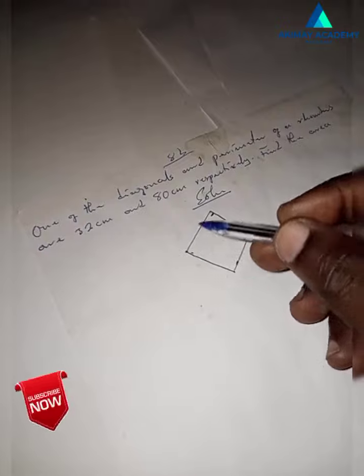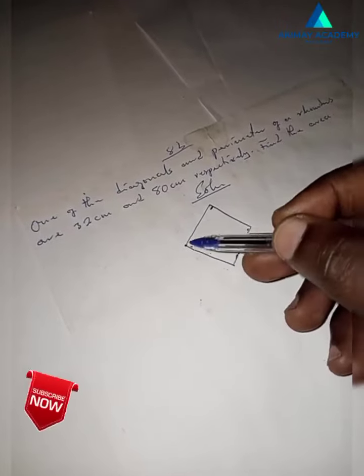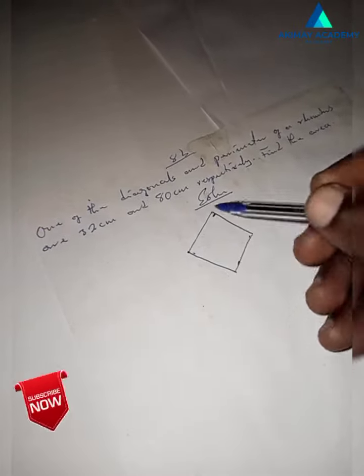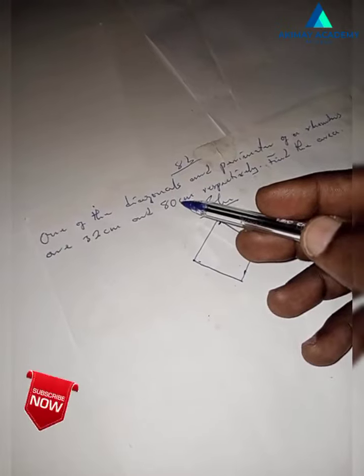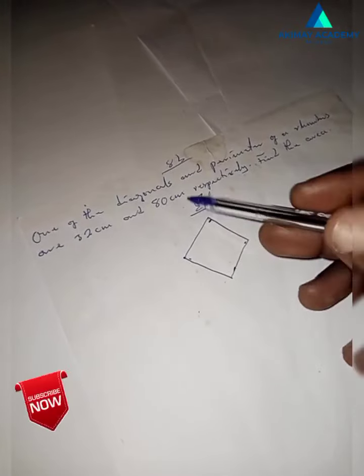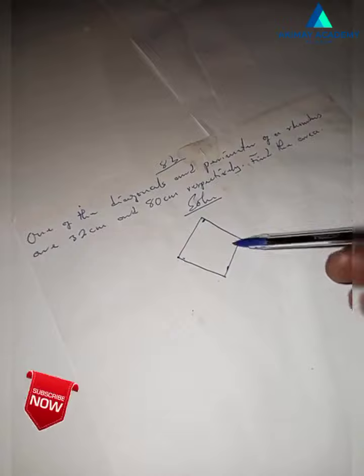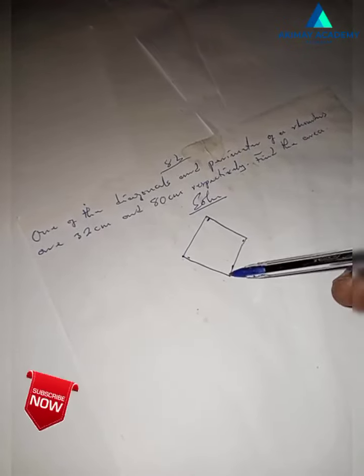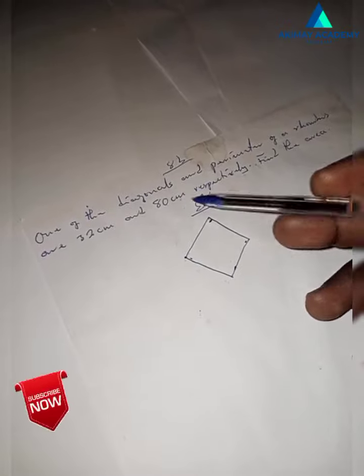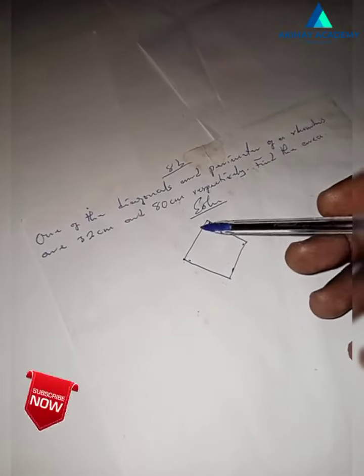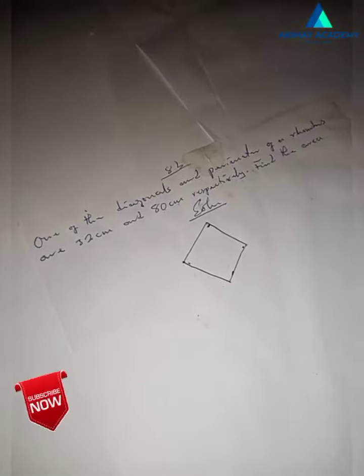So they said this rhombus has the perimeter, the distance around it, as 80 centimeters. If the distance around it is 80 centimeters, and we know that the sides are all the same, then this side plus this side plus this side plus this side give us 80 centimeters, and therefore each side will be 20 centimeters.